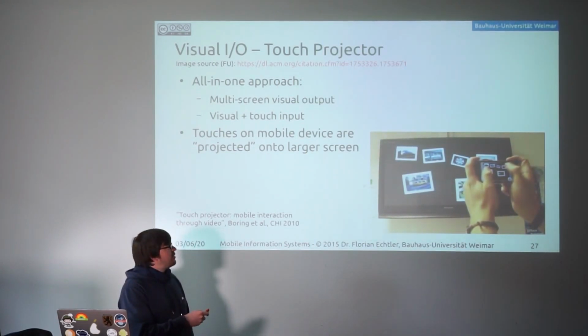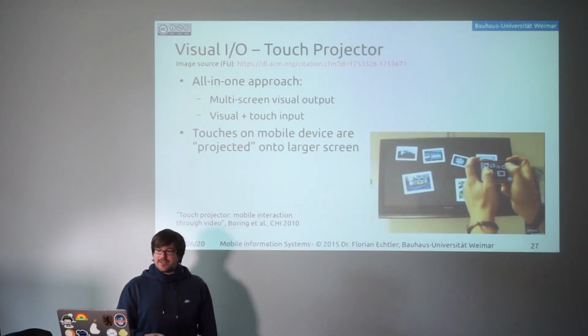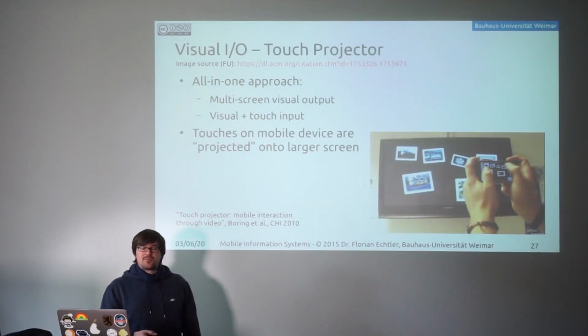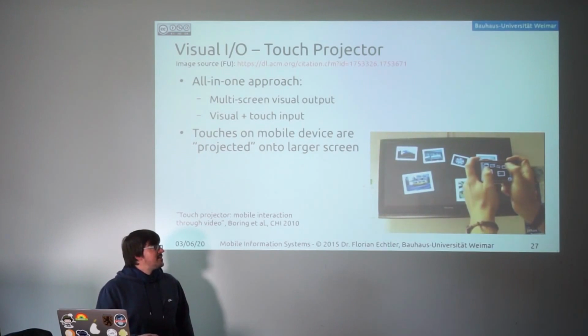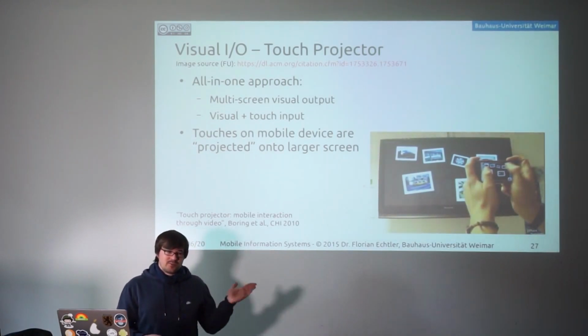And if you look closely, you will notice that these images, for example here on the large screen, all have this big white border and a black background. And this is actually an approach to make the computer vision easier. Keep in mind, this is almost 10 years old, so mobile devices weren't quite as powerful at that time. So to do the actual real-time image processing, you couldn't just detect the images in the video feed at that time.